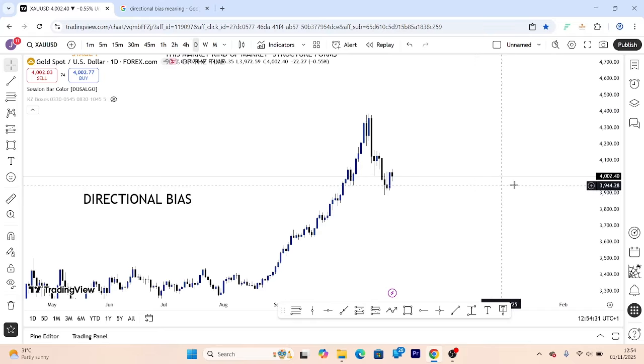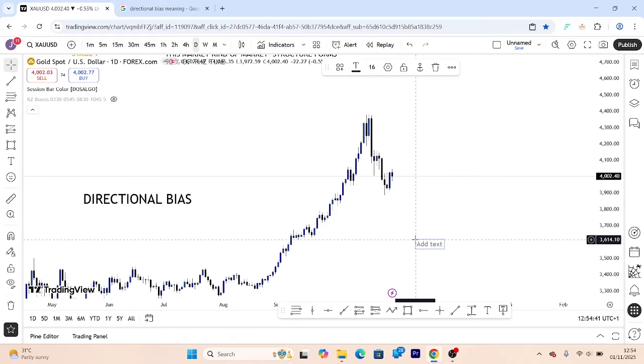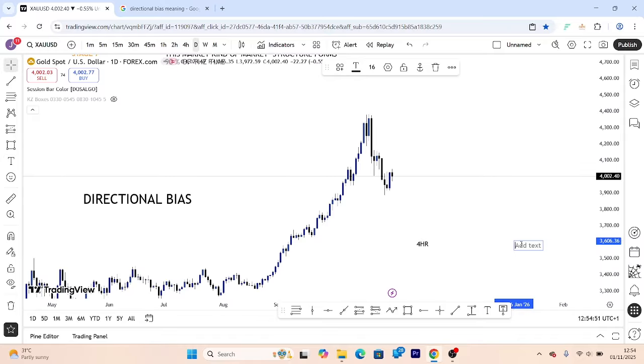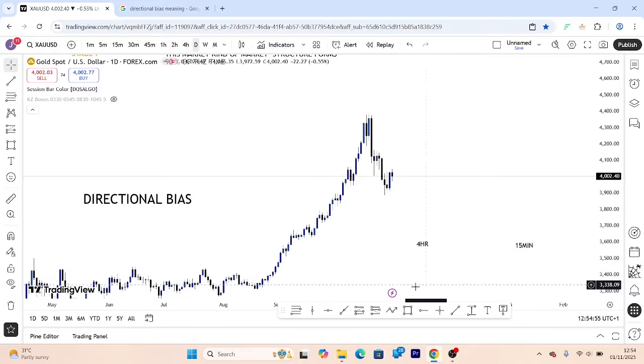So right now, I want to show you, let me just give some instance. For instance, let's just assume we have 2 time frames here. So this is the 4-hour time frame, right? And then maybe this is the 15 minutes time frame.